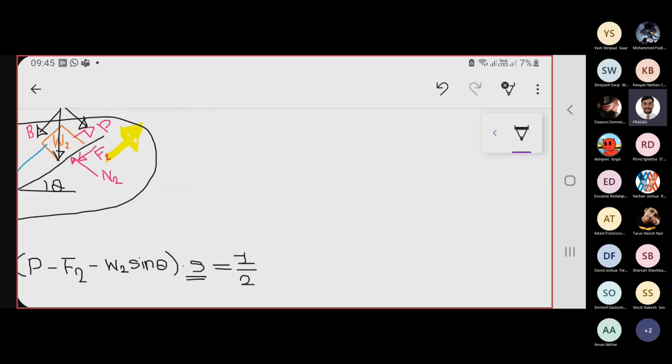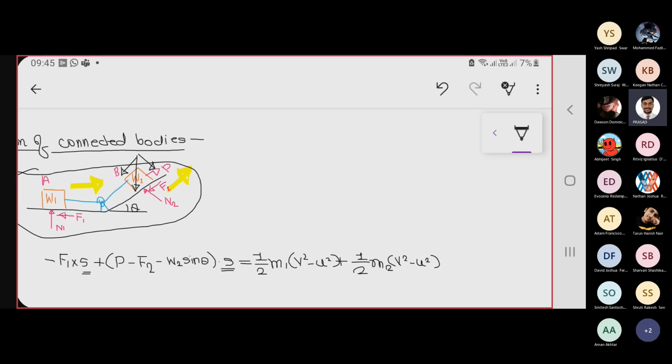This is equal to half M1 (v square minus u square) plus half M2 (v square minus u square). Remember, when bodies are connected, displacement is the same and velocity is also the same.